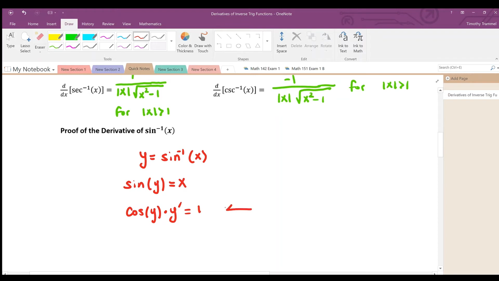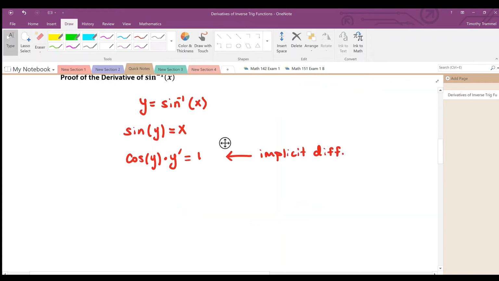Let me just point out what we did here: implicit differentiation. And then we'll go ahead and solve this for y prime. Y prime equals 1 over cosine of y.